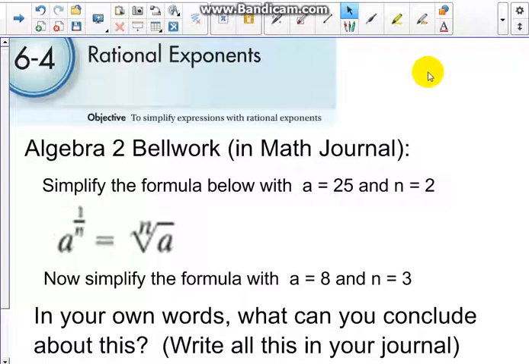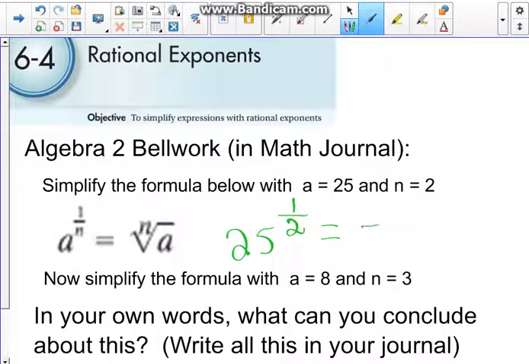Okay, when you do this, I said that a is 25, so we should have 25 to the 1 over, and n is 2, so 25 to the 1/2 is what you should have written first. And then when we convert that, and this is actually a rule we're going to start to use from here on, if we have 25 or any number to a fractional power, we can convert that like this.